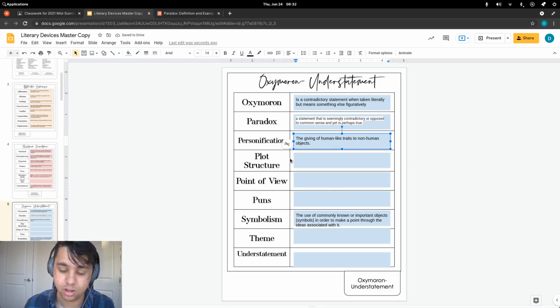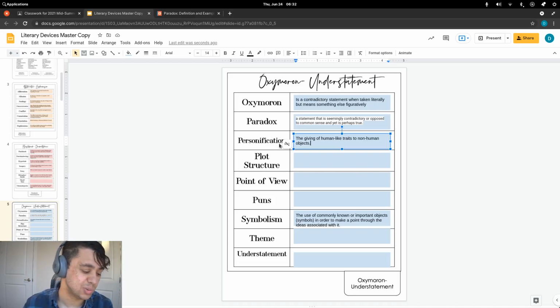So like saying that the bubble danced around the room. That is a human-like trait, dancing, and bubbles aren't alive. So that would count as personification, but it can also involve things that aren't just inanimate, but are rather just not human.